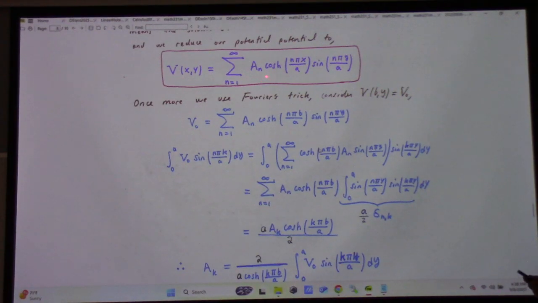Anyway, we're trying to calculate the a sub n again, and to do that, you multiply both sides by the sine, and then integrate both sides at the same time, pull the integral inside the sum, that's a Kronecker delta, it kills everything but that term, but this time there's a cosh riding along, so it's not exactly the same, but it's similar.